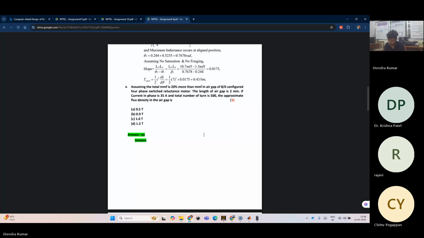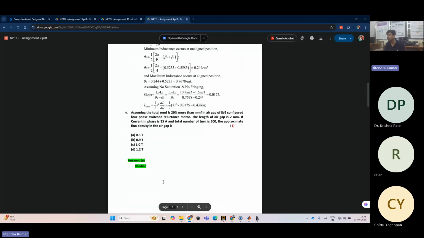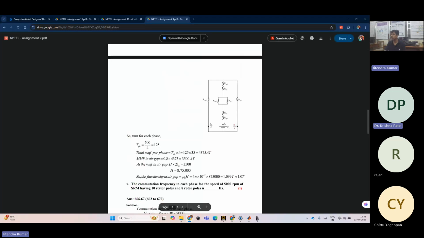So we were getting 1.145 Tesla. Correct answer was 1.1. Oh, sorry, someone is typing. 1.2 is near, so about the value is 1.2. But in option they have mentioned 0.5 Tesla. In solution they have mentioned 1.099 Tesla. I don't know, but 1.2 should be correct. So it should also be disputed.